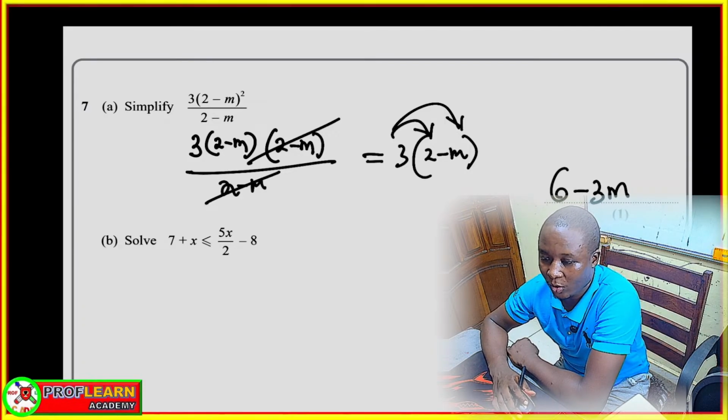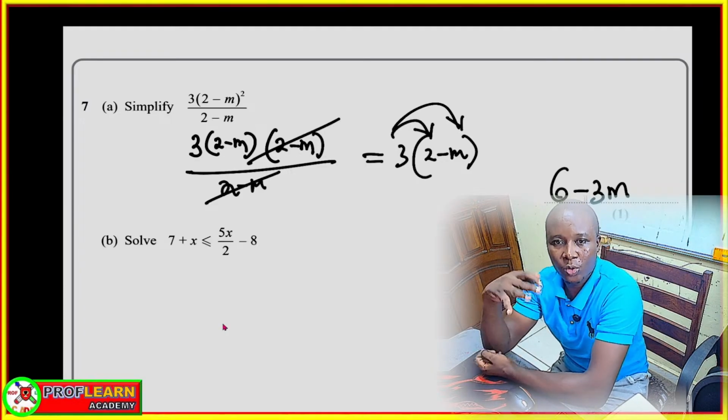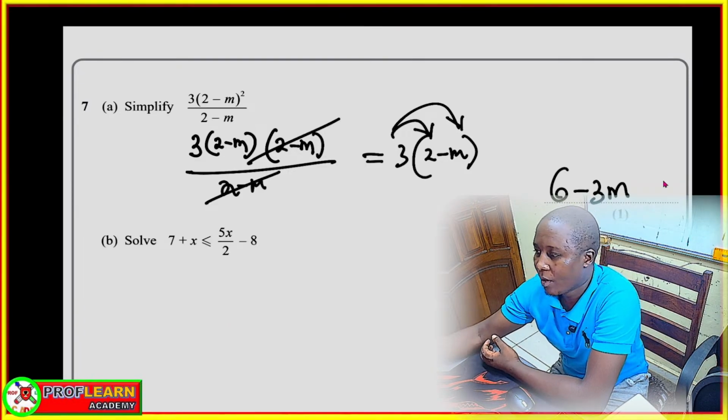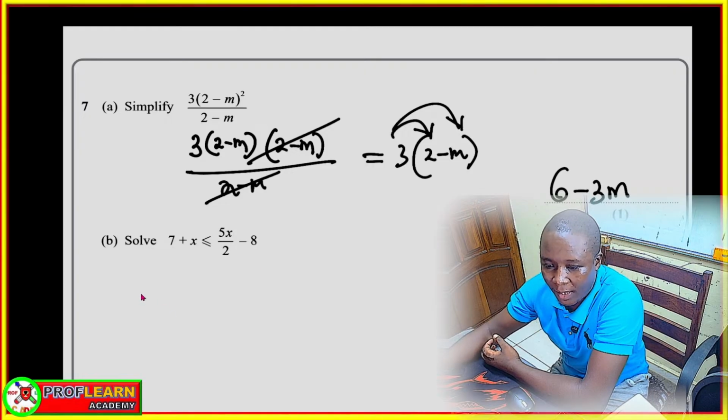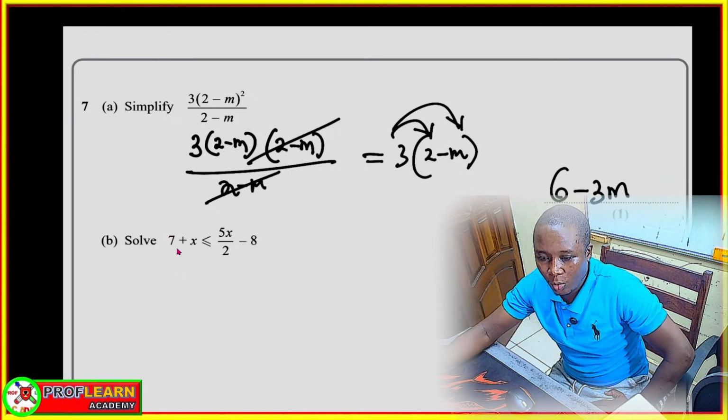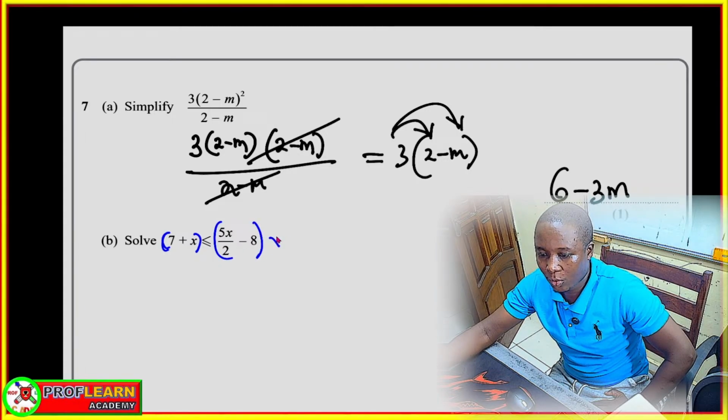So basically that is what you're supposed to do. What about inequalities? If you're given a question to do with inequalities, will you be able to work it out? Now look at this. The first thing I'll do here, if I was doing this exam, is multiply by 2 all through. So I'll multiply every term by 2.